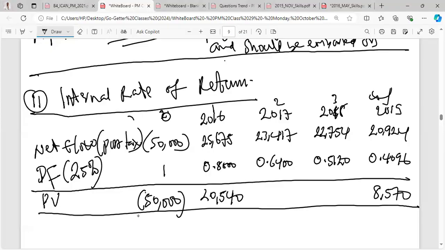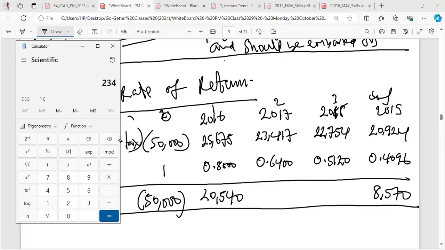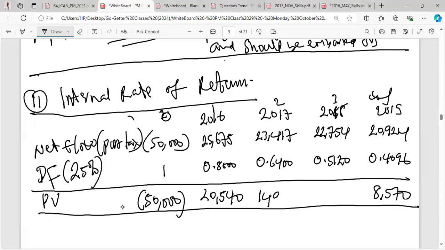I have 23,417 multiplied by 0.64, that's 14,987.